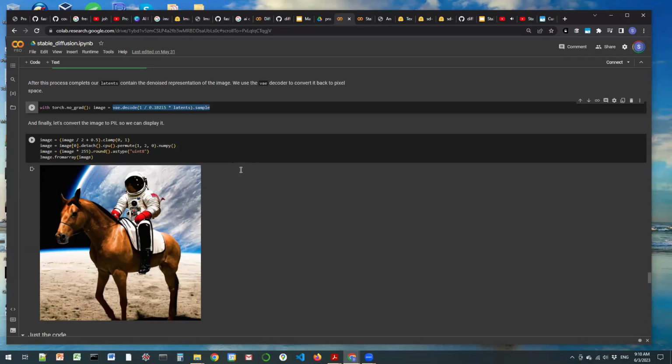Sorry to interrupt, but let me clarify one thing. The variational autoencoder, we call it VAE, and as we saw in the last lecture, it has two pieces. It has an encoding piece.